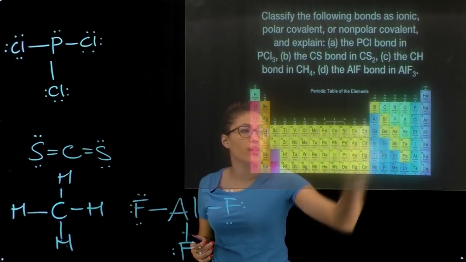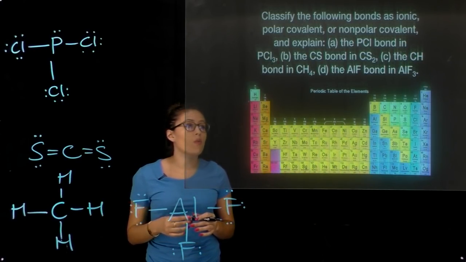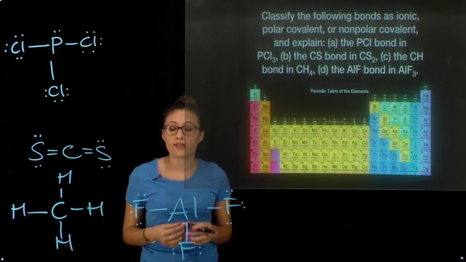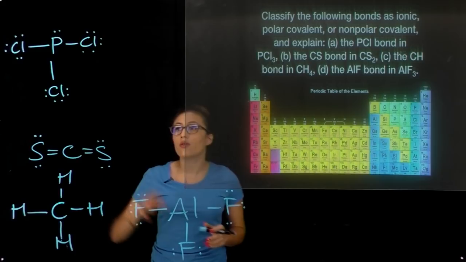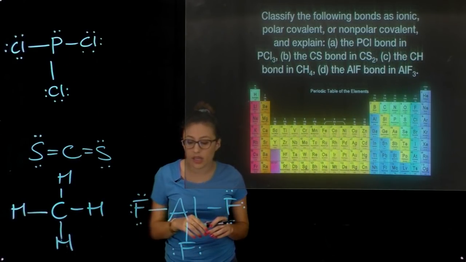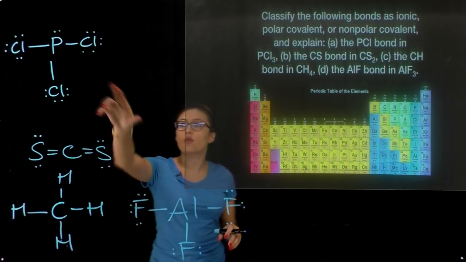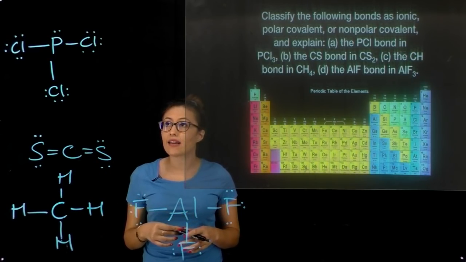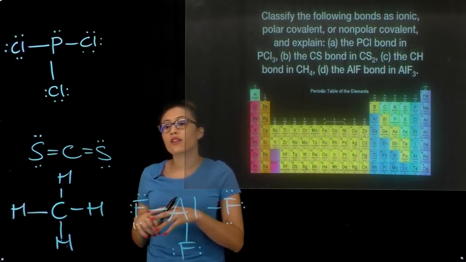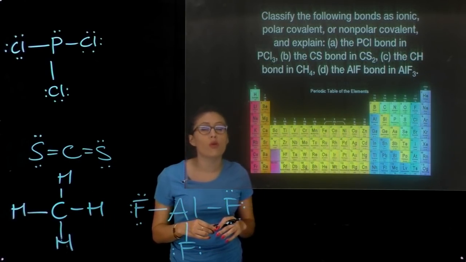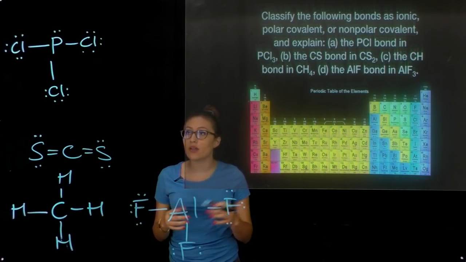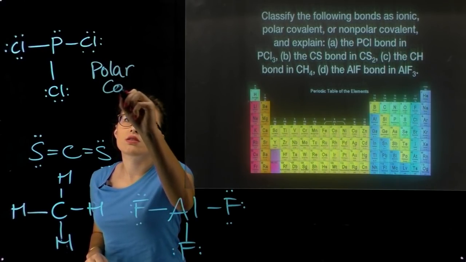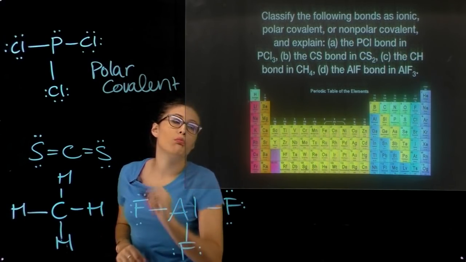So in the first case, we have phosphorus and chlorine. We know where phosphorus and chlorine lie on the periodic table, and we've gone over the relative electronegativities corresponding to each of those atoms. The phosphorus-chlorine bond is going to be a polar covalent bond because chlorine is a more electronegative atom, so it's going to pull the electron to reside more in its electron cloud, and so this is a polar covalent bond.